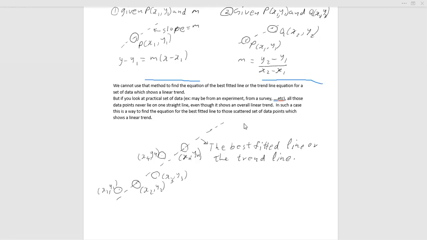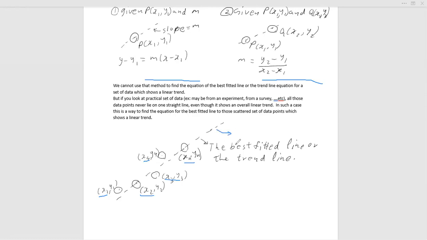Now, these are the scattered data points, x1, y1, x2, y2. One or two of them stay on the line, and other points are away from the line. What we want to find is the equation of this line.